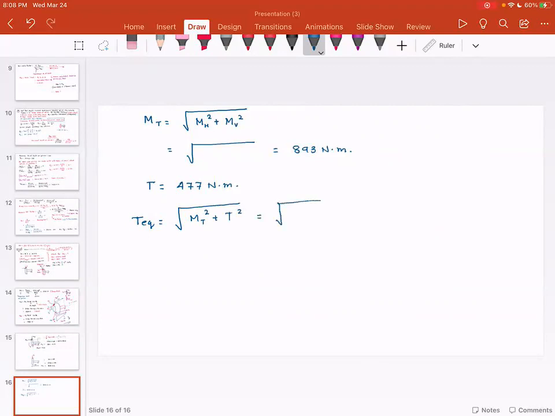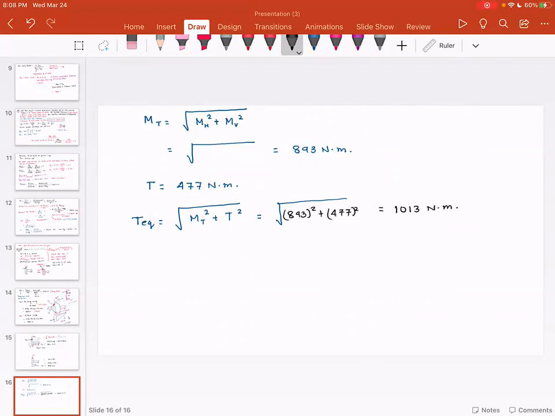This is the square root of 893 square plus 477 square, and that gives you about 1013 Newton meter.